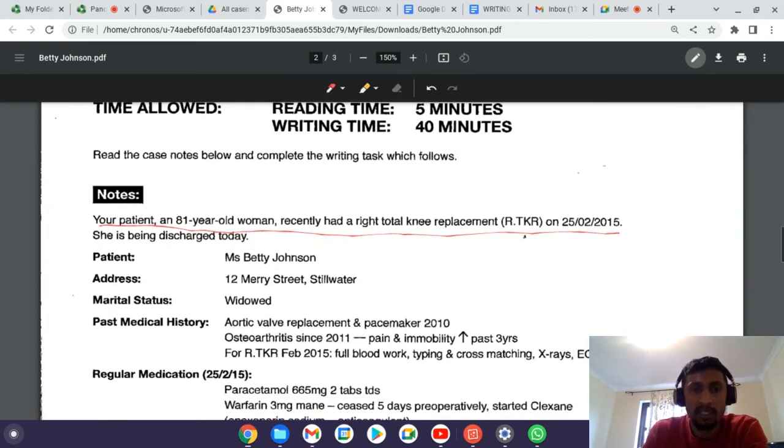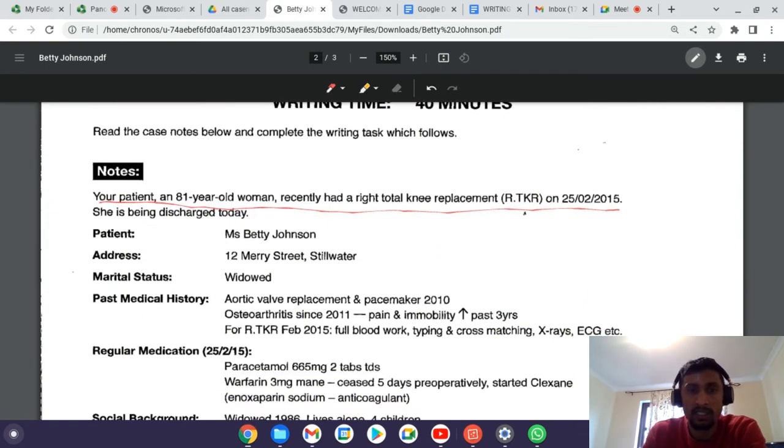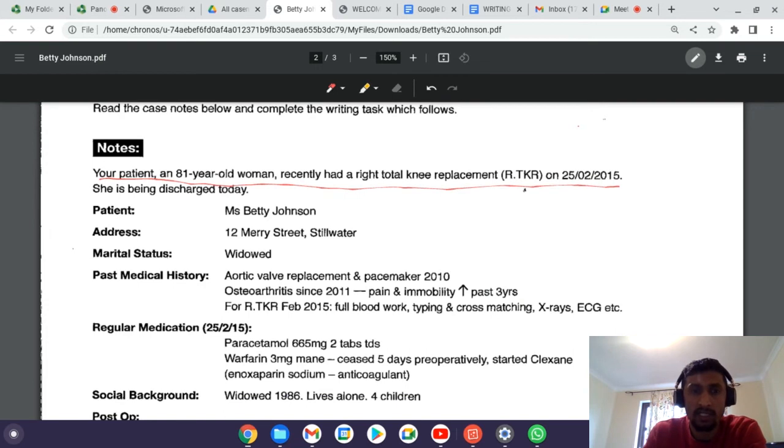Patient name is Miss Betty Johnson, address is Tolmary Street, Stillwater, marital status widow.